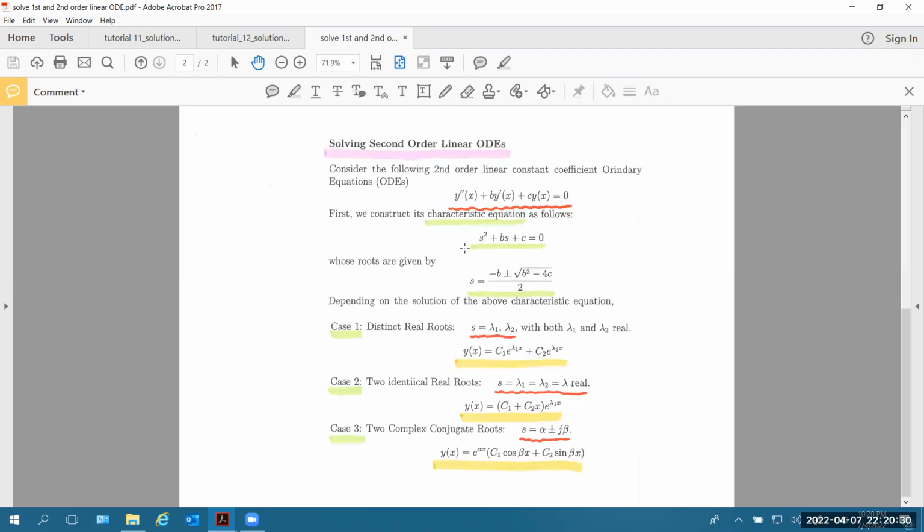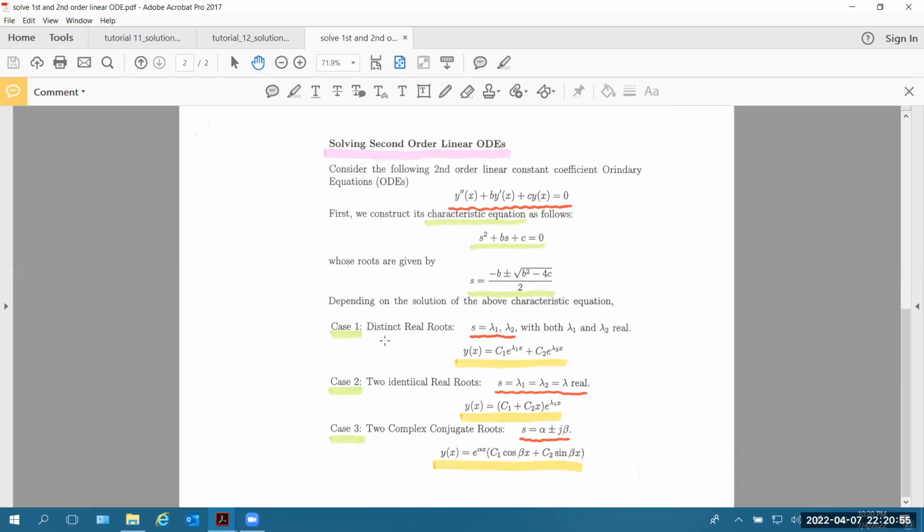Okay. Now for second order, say this is your second order ODE, right? You also have your characteristic equation. Your characteristic equation is like that. So if you go and solve this, you'll get your roots of the equation here, right? There are two roots here, so there are three cases.